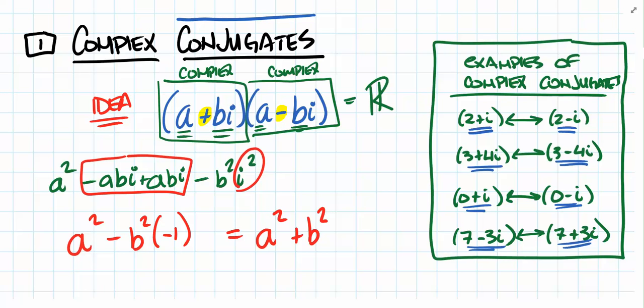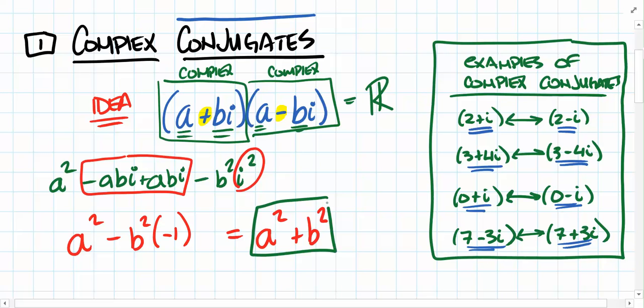This is the coolest thing in the world because a squared is a real number and b squared is a real number. So the imaginary part goes away. Anytime we're taking a complex number and multiplying it by its conjugate, we're going to end up with just the value of a squared plus b squared. We're going to use this in the next couple of boxes.